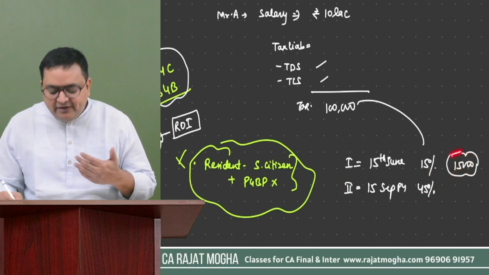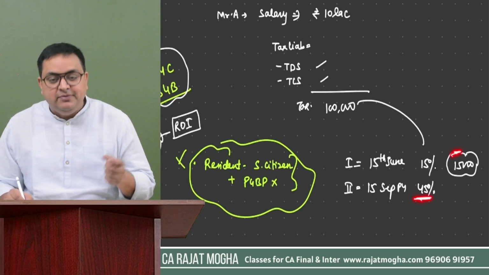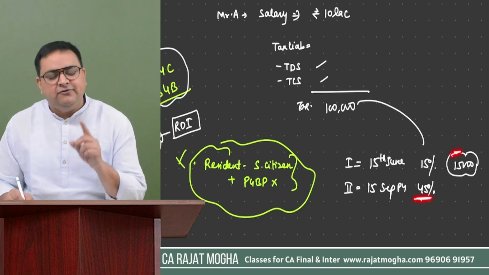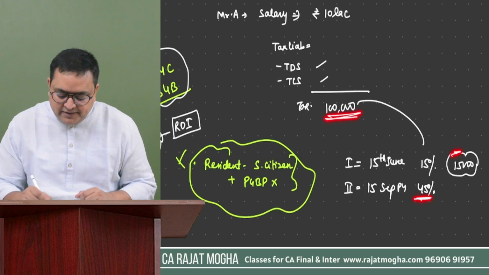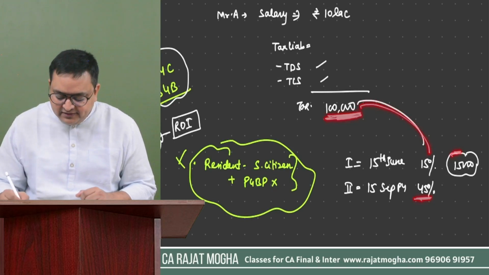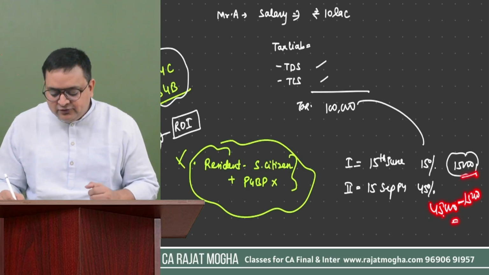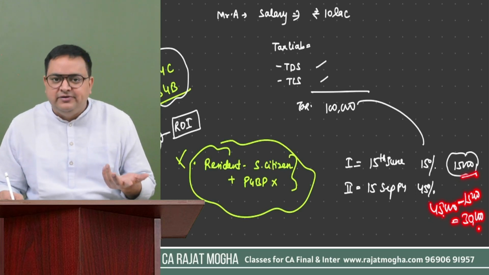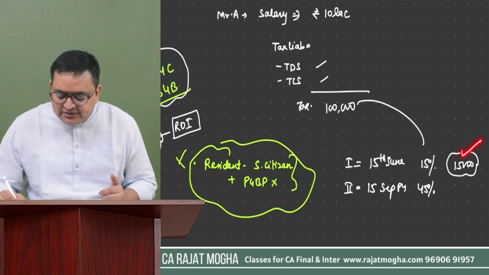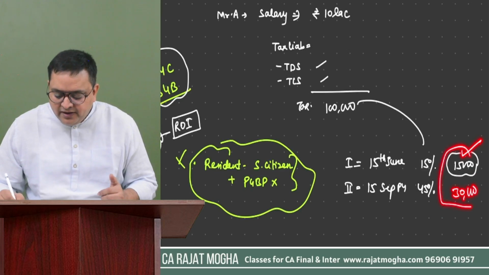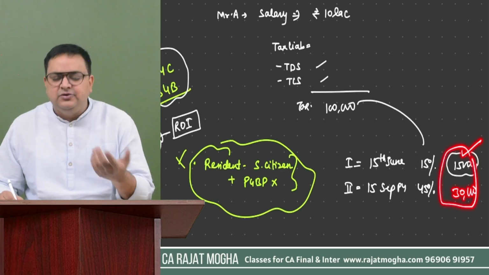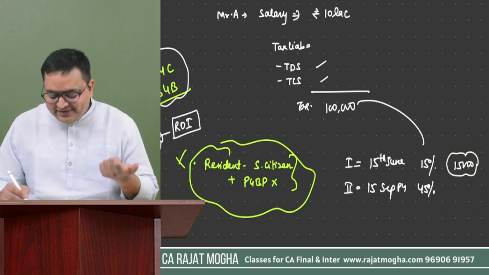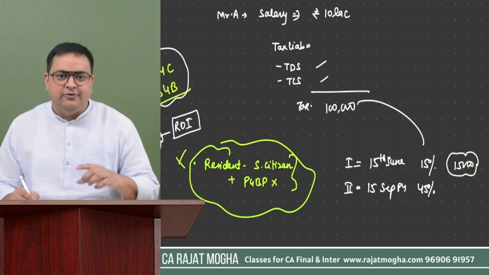But if you have already paid 15,000 rupees, then 1 lakh into 45% would be 45,000 rupees to be deposited in total. So please deposit the remaining amount, that is 30,000. 15,000 you have already deposited, 30,000 rupees you are depositing right now. If you aggregate this, you will get 45,000. So the government wants that 45% of your tax should be deposited, right?